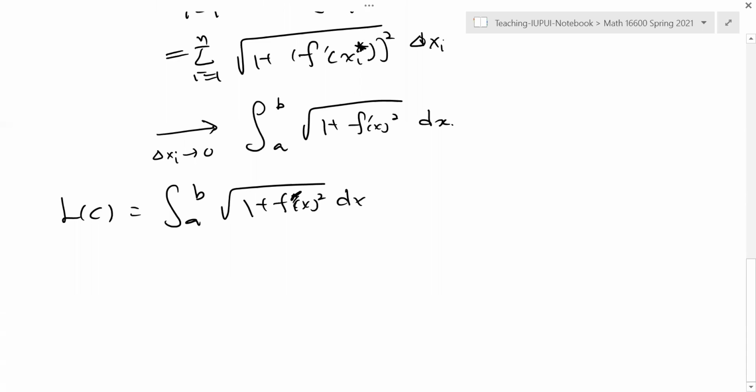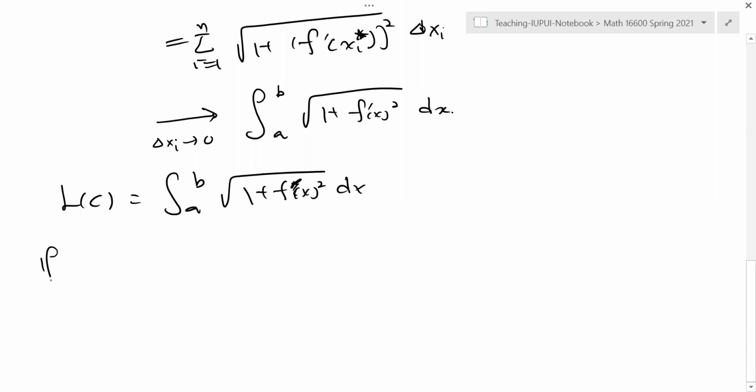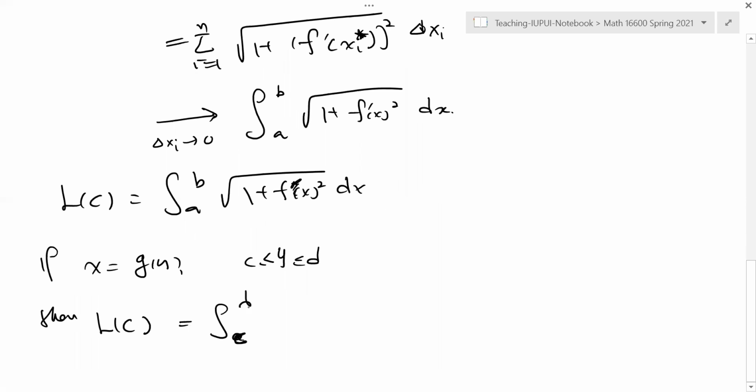Now similarly, if x equals g of y for y between c and d, then the length of the curve is going to be the integral from c to d of the square root of g prime of y squared plus 1 dy, okay?